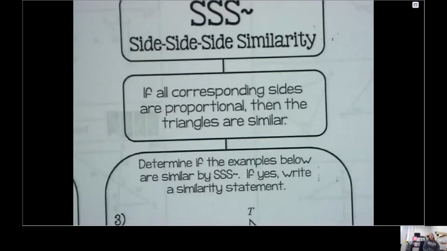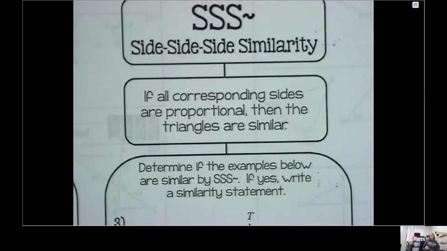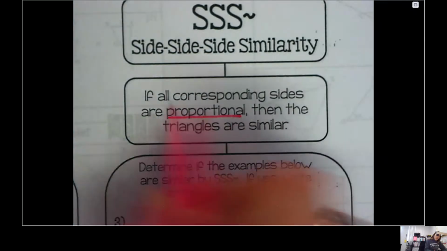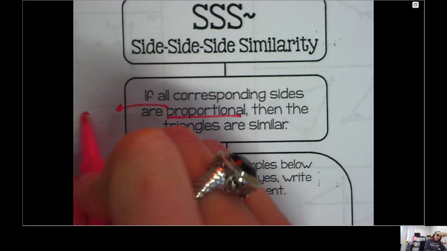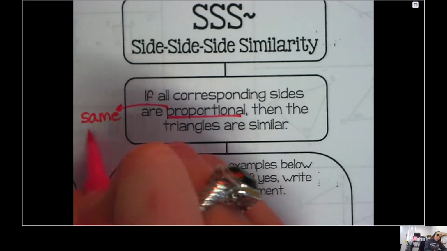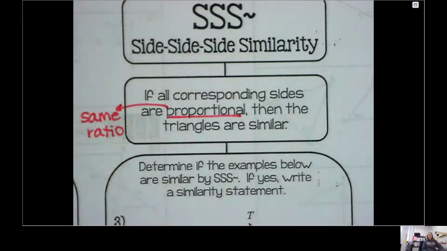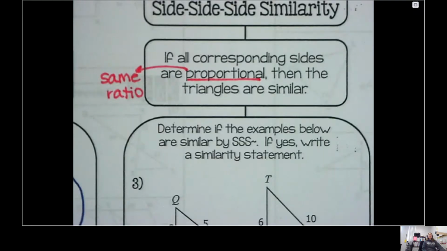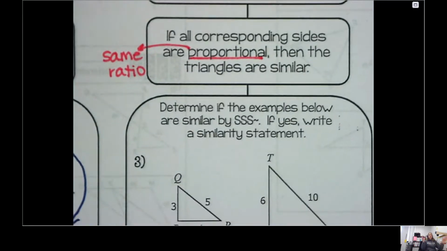So for side similarity, the corresponding sides have to be proportional, which means they have to have the same ratio or the same fraction. So over here by proportional, I'm going to write the same ratio. They either have to have the same fraction, the same decimal, they have to be in proportion to one another.